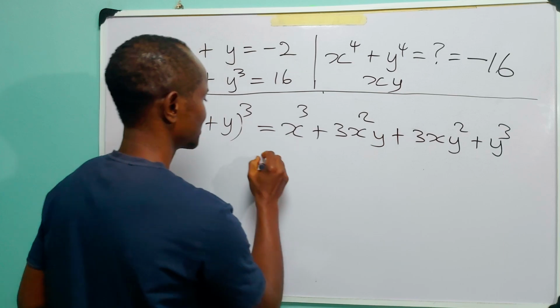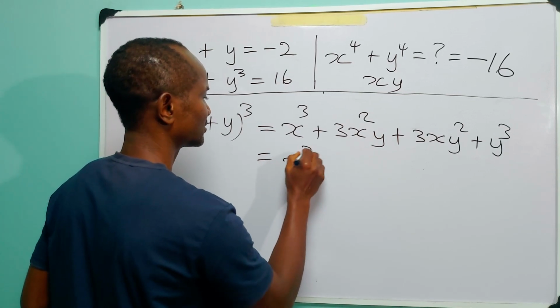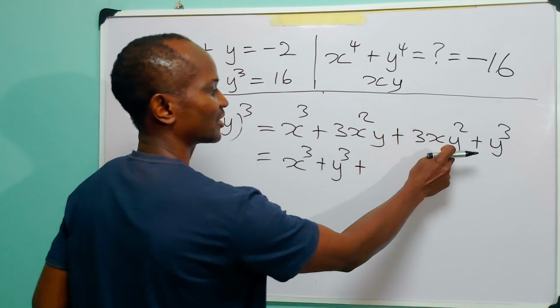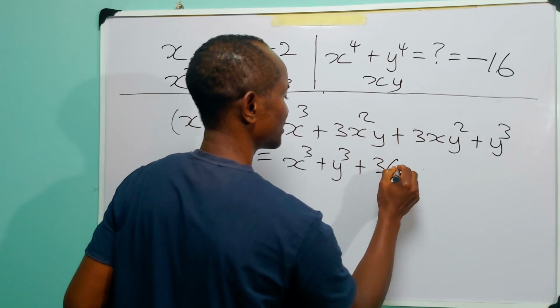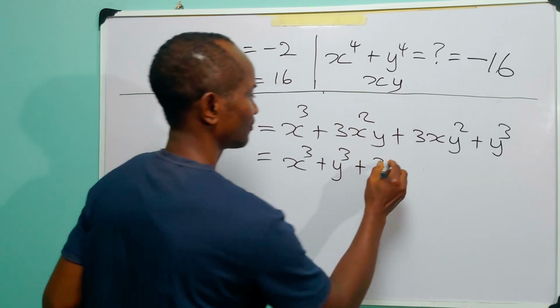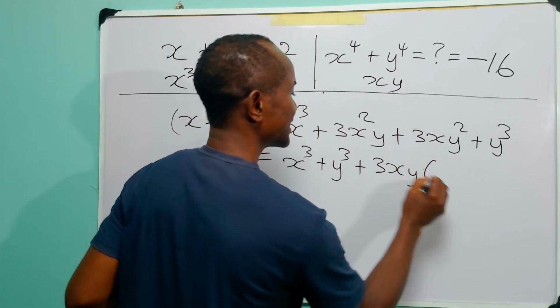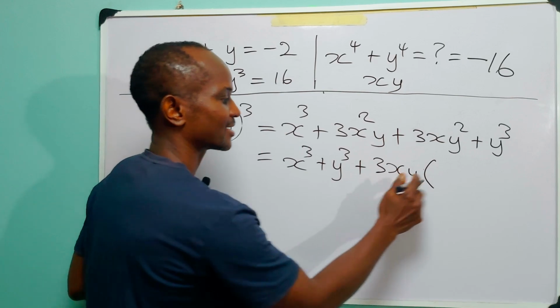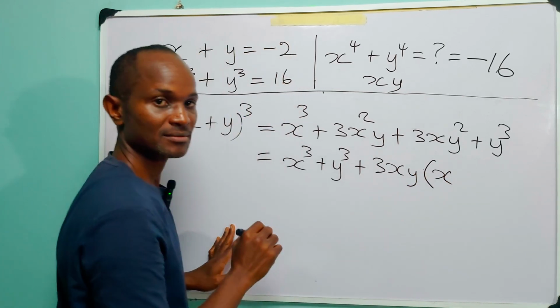Now we collect terms. We have that this is equal to x cubed plus y cubed plus 3xy. We can factorize this. When you do 3x squared y divided by 3xy, you have x.